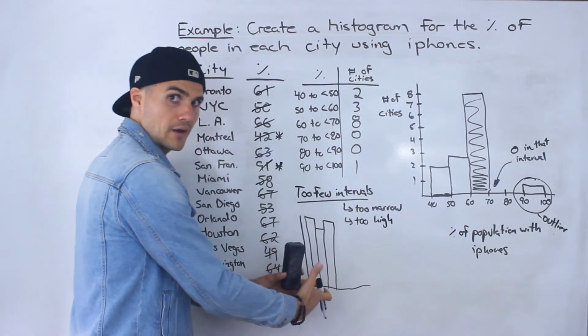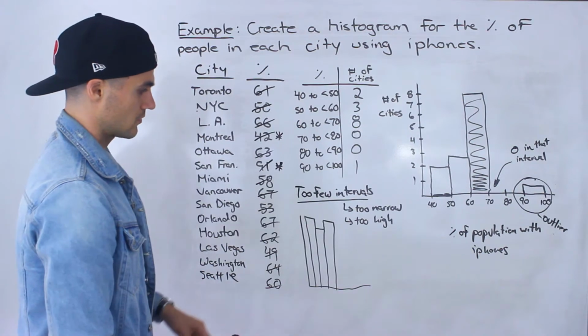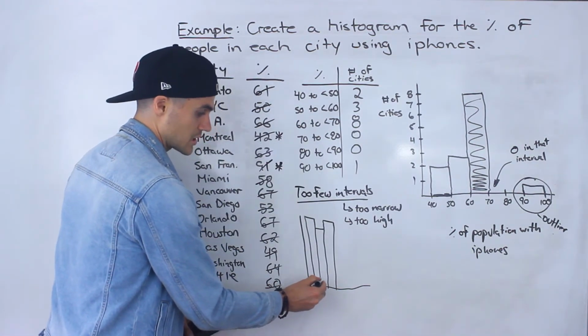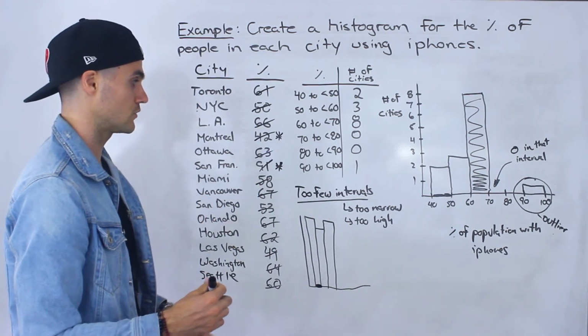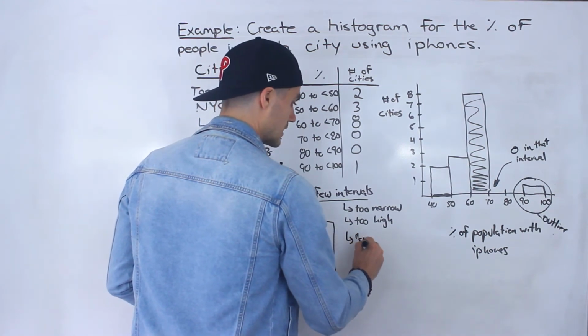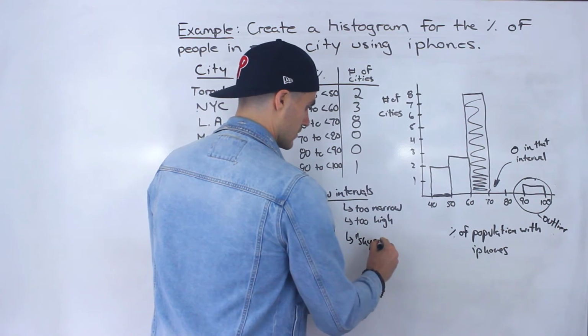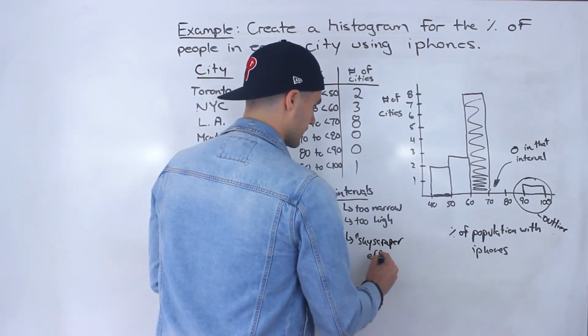The data is going to be too narrow, and all these bars are going to be higher, because these intervals are just going to be bigger, so there's going to be a larger frequency in each of the intervals. Sometimes, again, if there are too few intervals, it's called the skyscraper effect.